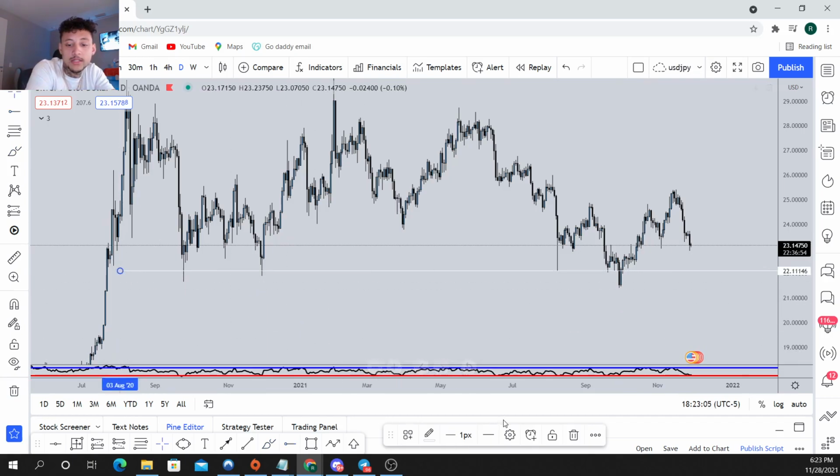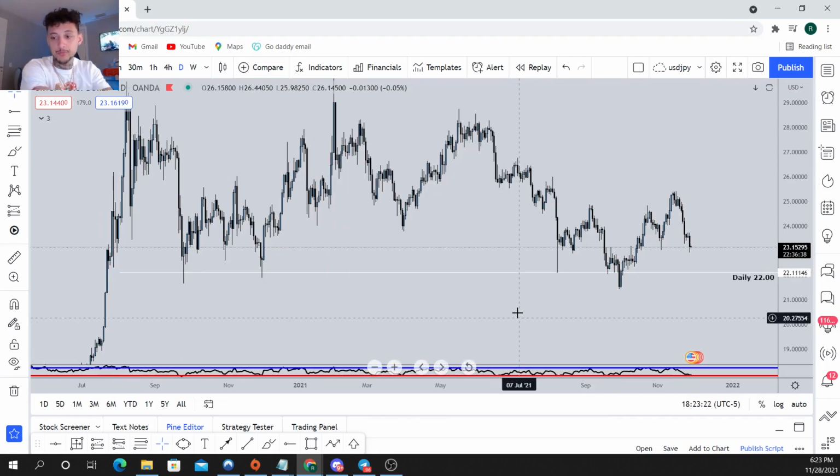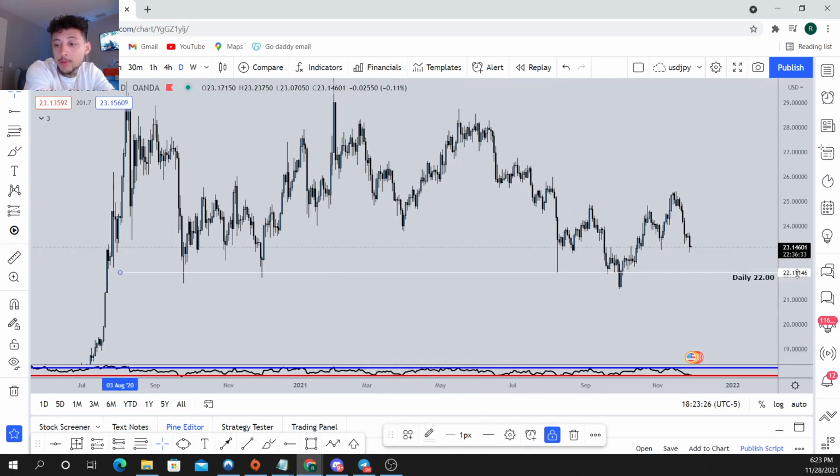How I'm going to place this level, I'm going to lock it first of all. I'm going to go into settings and then put daily at 22.00. It's not $22 flat, it is 22.1. So this is the first level I'm going to put.